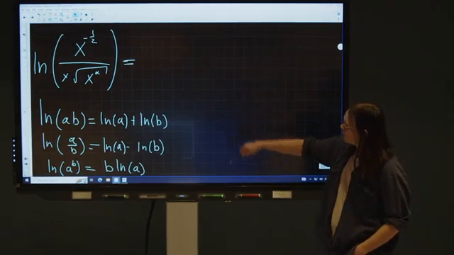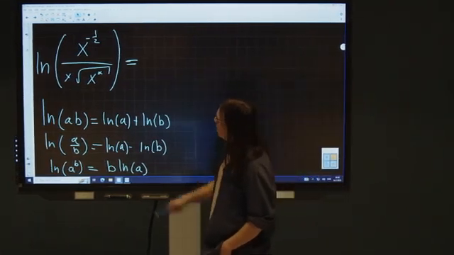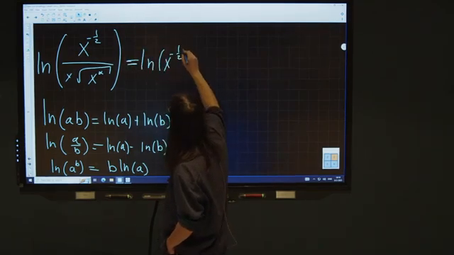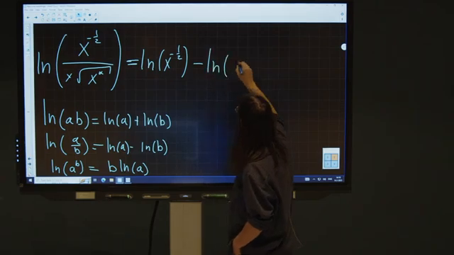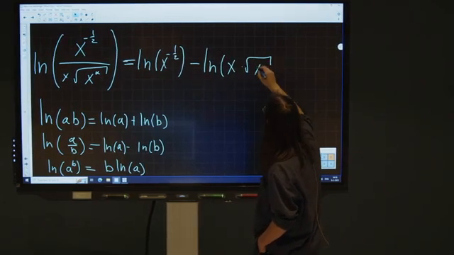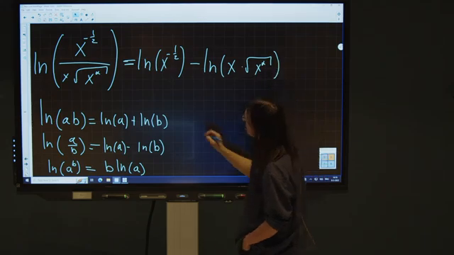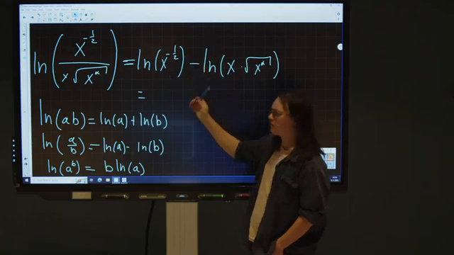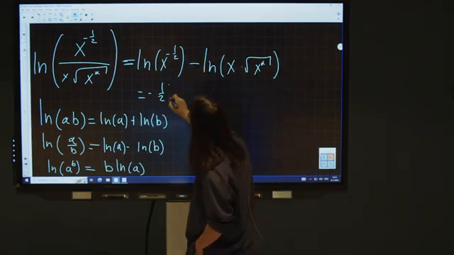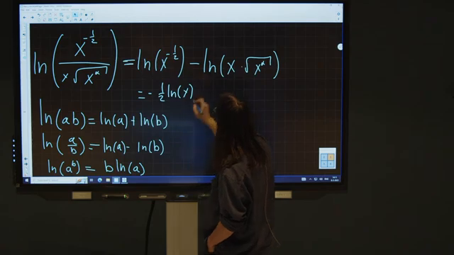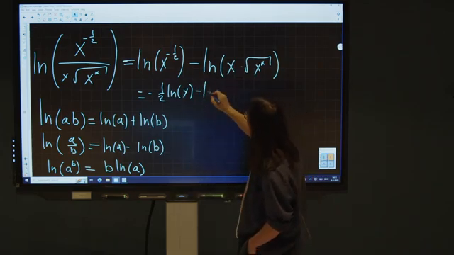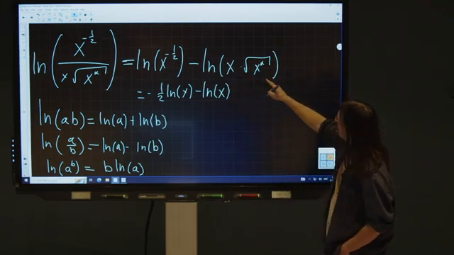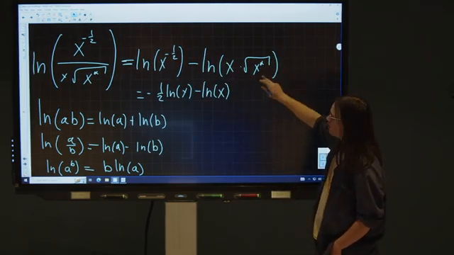So if we apply these rules, what do we get here? Well, first of all, we have a quotient, right? So we get logarithm of x minus a half minus logarithm of x times square root of x to the power alpha. Then here we have an exponent, so we get minus a half logarithm of x. Here we have a product, minus logarithm of x. And then we have another exponent, alpha over 2, right?